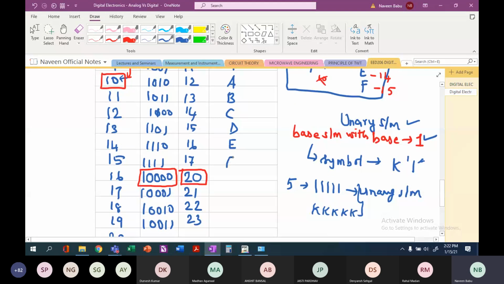After F, what will happen? After F, F gets reset to 0, and we have to add one more digit here, and that digit is 1.